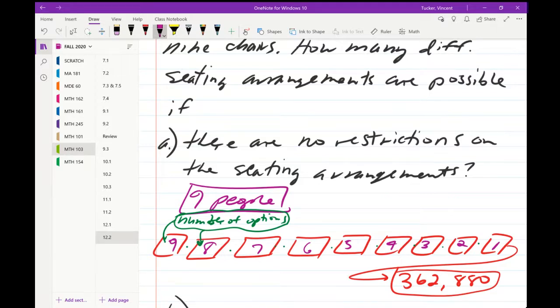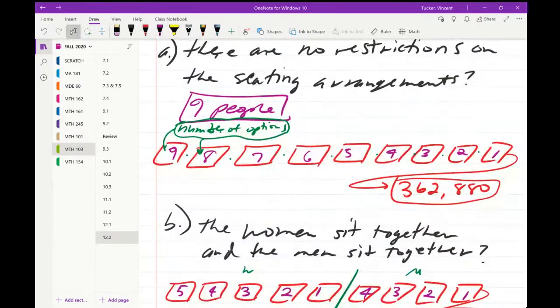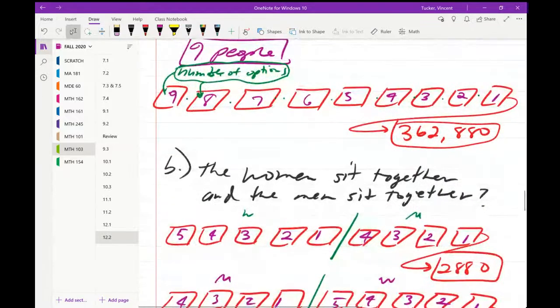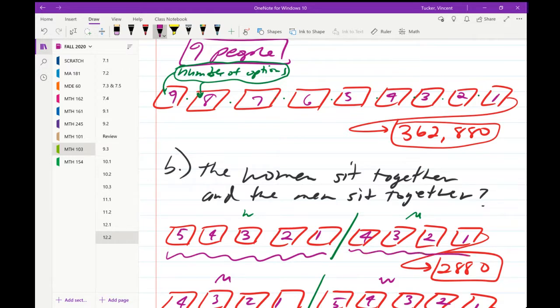All right, the next one, you want to sit the women together and the men together. There are 5 women and there are 4 men. So I still set up my 9 seats, but the first 5 seats are women, and the next 4 seats are the men.